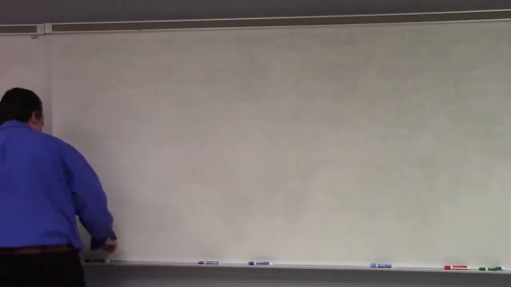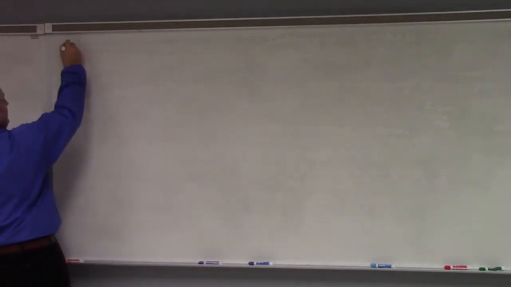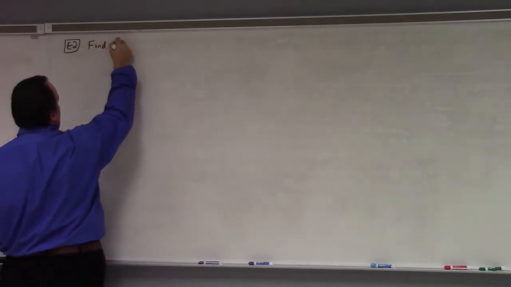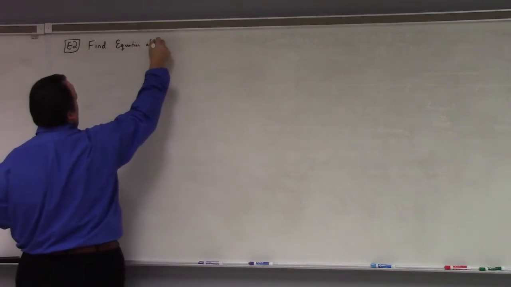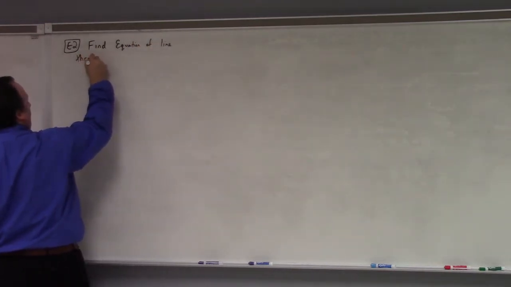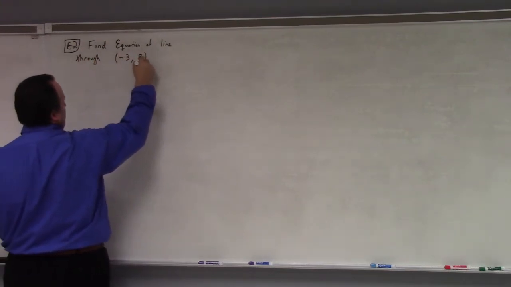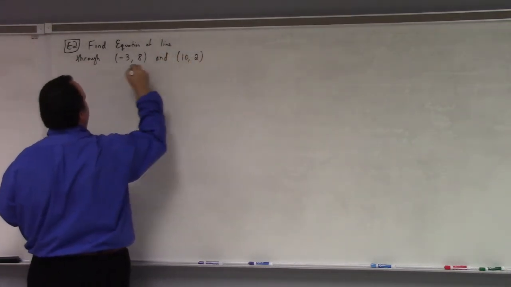All right, so example 2 here. Let's work a classic example. Find the equation of the line through, let's say, minus 3, 8 and 10, 2.